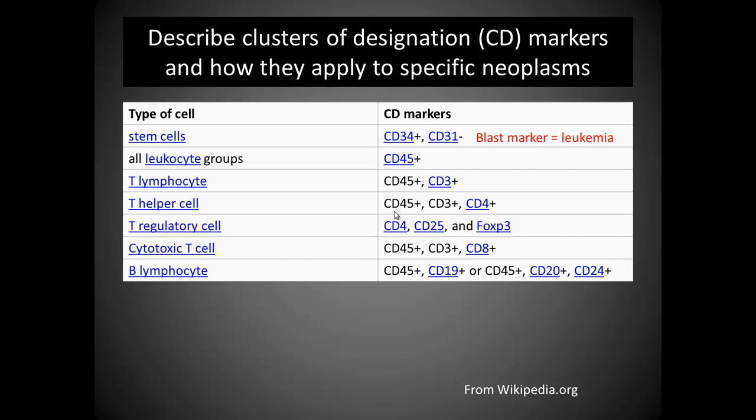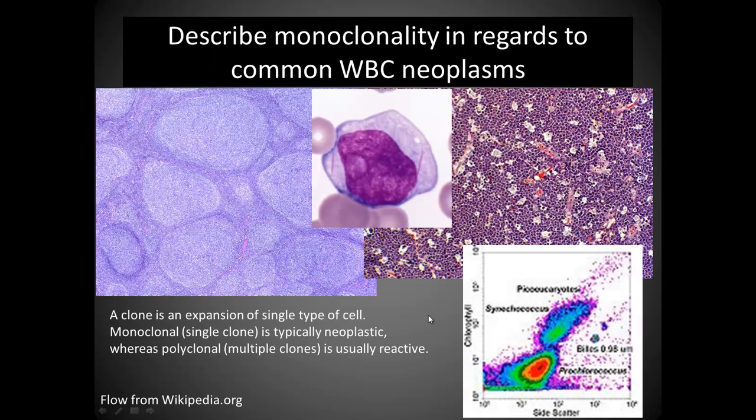The last category is the B lymphocytes, and their CD markers tend to be higher numbers, like 19, 20, 24, numbers like that. So you'll see that they can be CD45 positive as well, with 19 or 20 and 24. And that's just a general trend. That's not meant to be memorized, but if you see CD markers that are low numbers, think T cell, high numbers, think B cell.